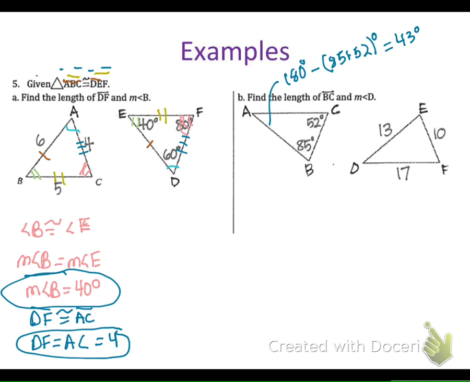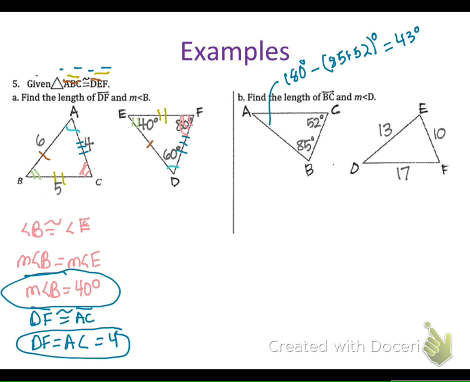Yep. Okay, and then we want to now see what the length of BC and the measure of angle D are. So again, we have to then see the correspondence that is happening. We are using the exact same one from the first part of this problem. It applies to both. So we've already done it.